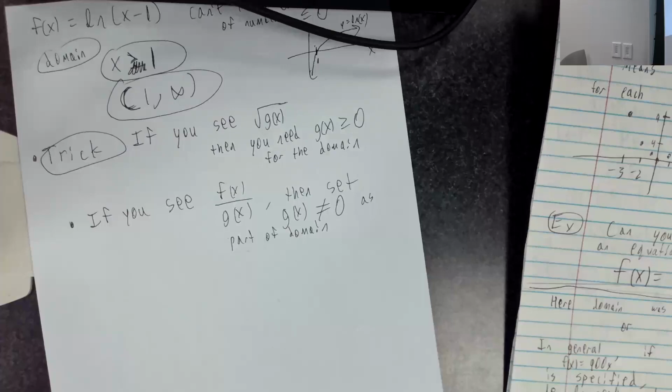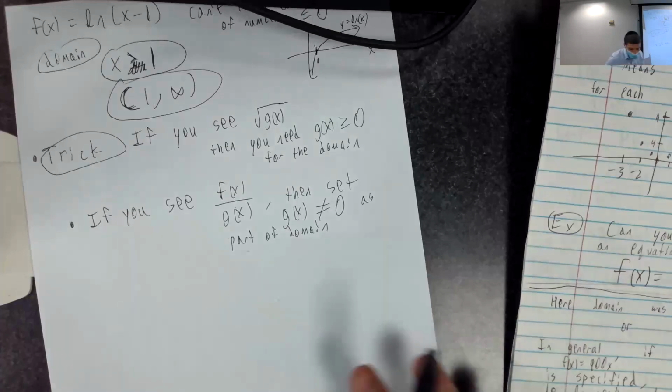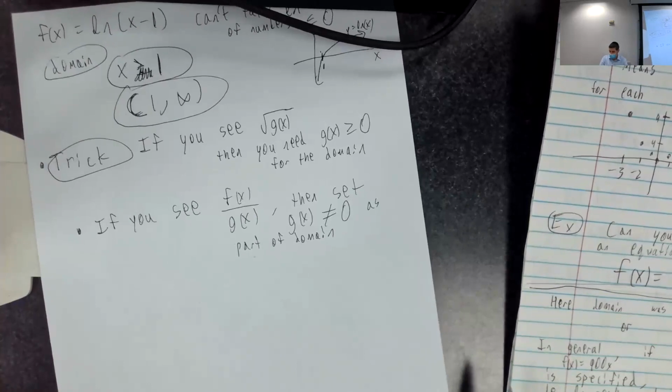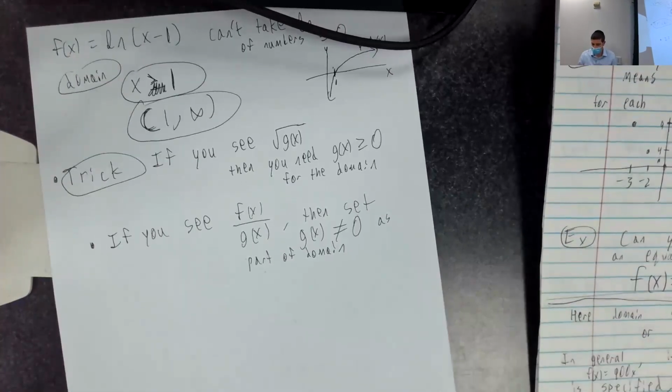Solving this is something that you do in pre-calc. You'll see it's called a rational or a quadratic inequality. You can just Google quadratic inequality. It's something you do in pre-calc to solve this. So we still have to solve it. Yeah, it doesn't give you the full answer. It gives you something that you'll need to solve.